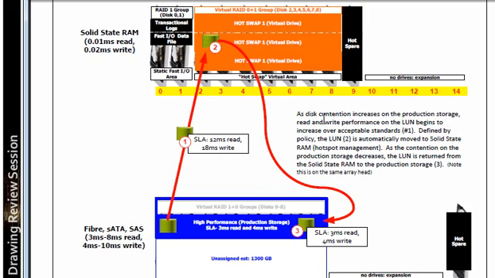So let's go ahead and take a look at the service level agreement. Remember, with cloud computing, with electronic health records, with all these things that demand storage in order for the service to be successful, we have to put service level agreements around it. In this example, we have a service level agreement that this production LUN here needs to perform at 3 millisecond reads and 4 millisecond writes.